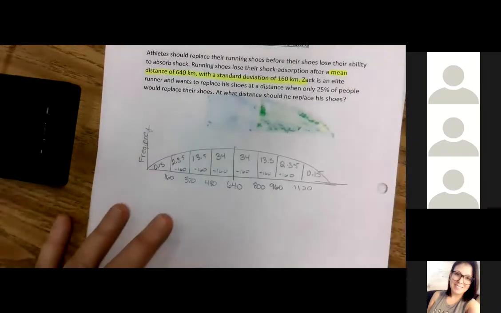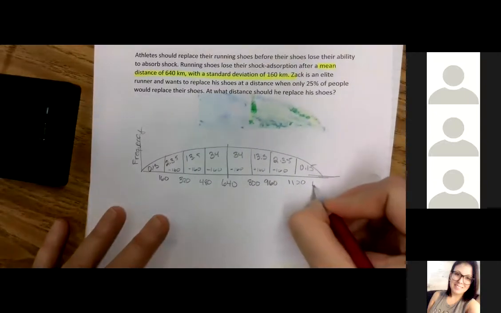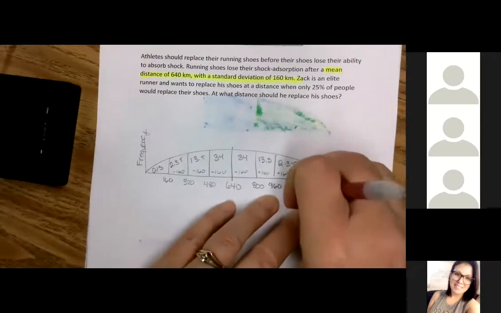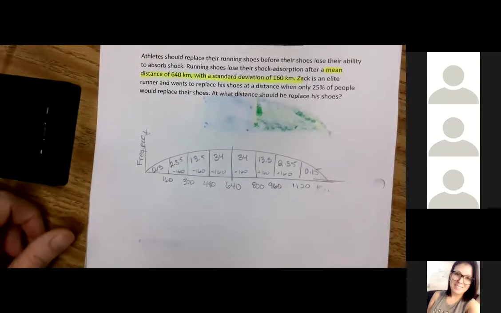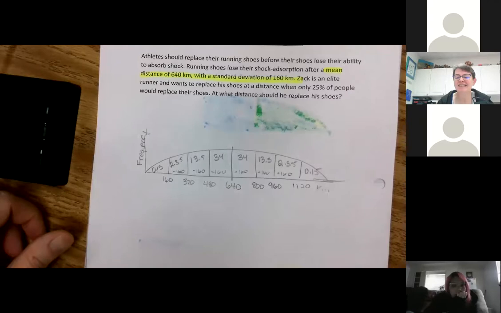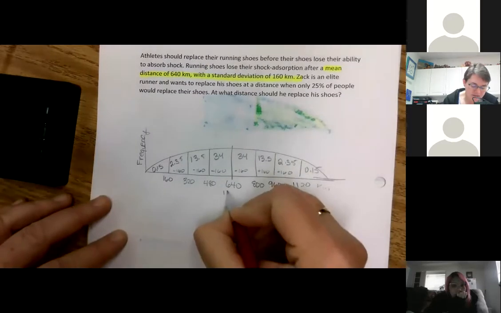All right, to get full marks on your graph, this should be kilometers. Units. There we go. All right, so kilometers here.